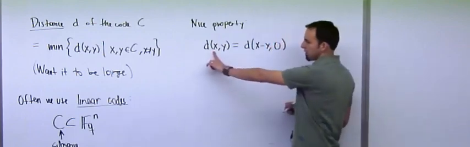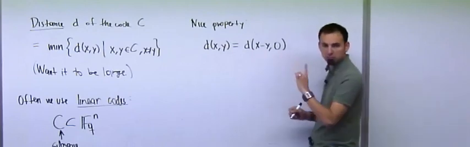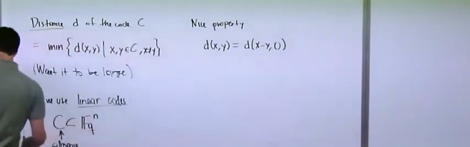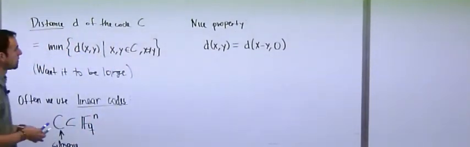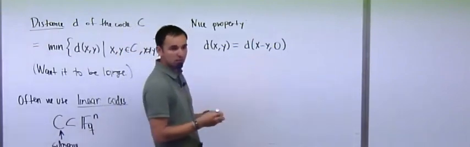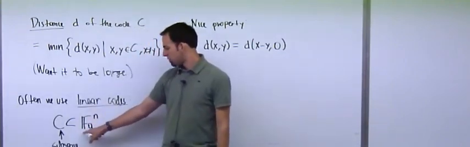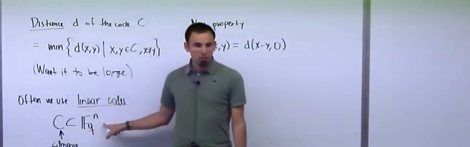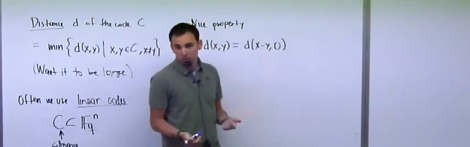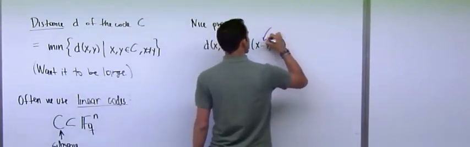So I'm not really saying much there, but then the nice property of linear codes is, first of all, that x minus y makes sense here. Now, really, it would make sense for any x and y in F_q to the n, but the nice additional property is that if x and y are in the code, then x minus y is also in the code, because this is a subspace. And that's the nice thing. This guy is in the code.